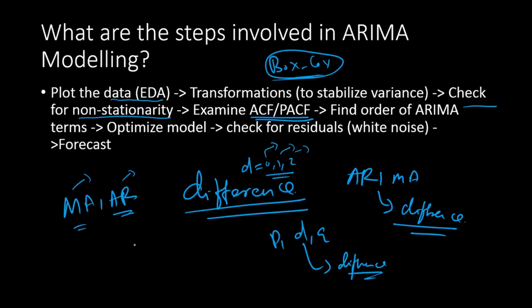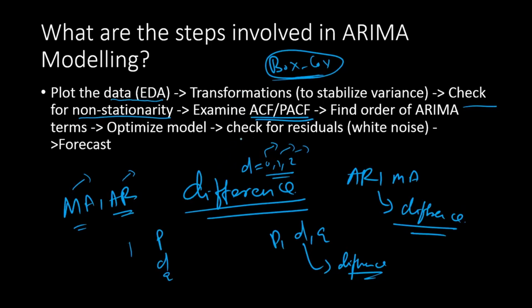That's based on the prediction accuracy and some other means by which you can optimize it. But the idea here is that the P, D, and Q values in ARIMA should be such that the model has high prediction ability and gives accurate predictions.